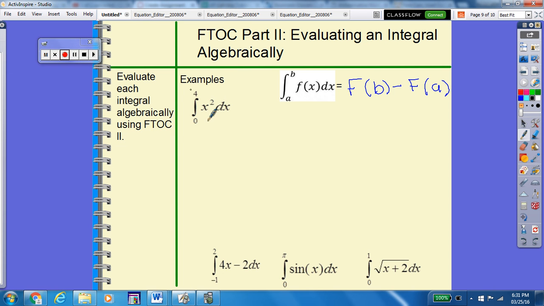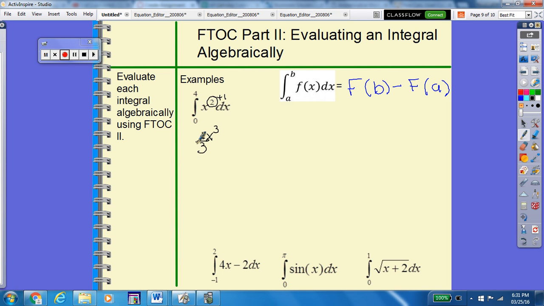The way we're going to set this up, take the integral from 0 to 4 of x squared. We first find the antiderivative of x squared. We take the exponent 2, add 1, and that's 3. We multiply by the reciprocal. So the antiderivative will be x cubed times 1/3.